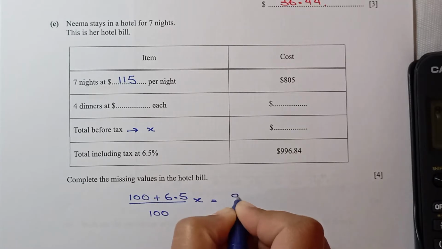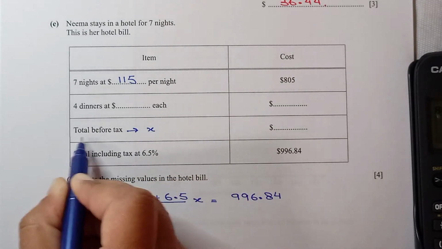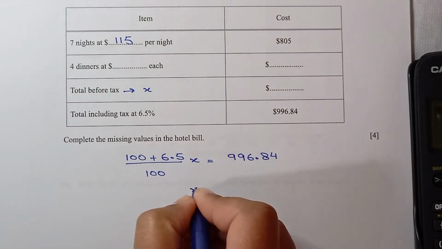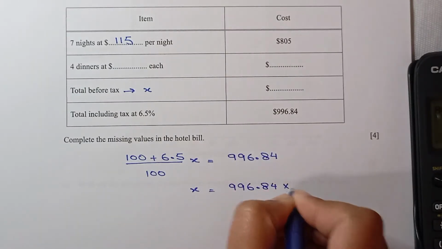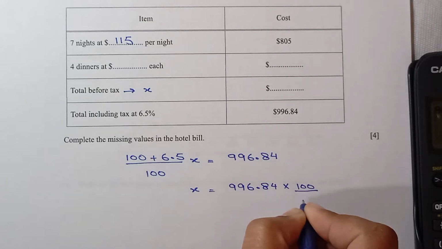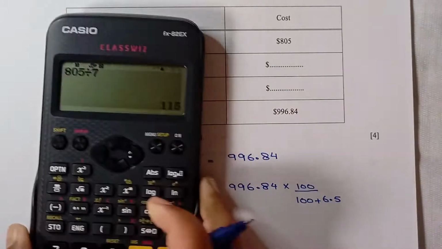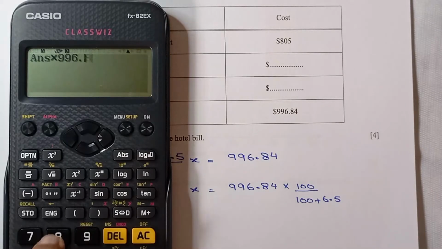So before the tax is 100%, and including the tax would be 100% plus 6.5% of X, which equals 996.84. From here we can find the cost before the tax, the X value. X equals 996.84 multiplied by 100 and divided by 100 plus 6.5, that is 106.5.